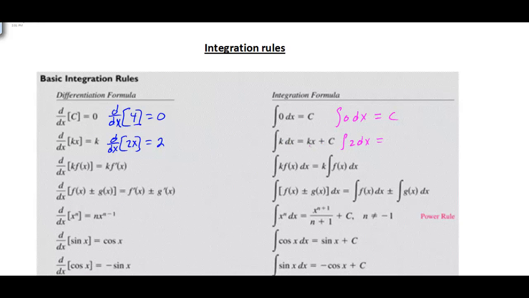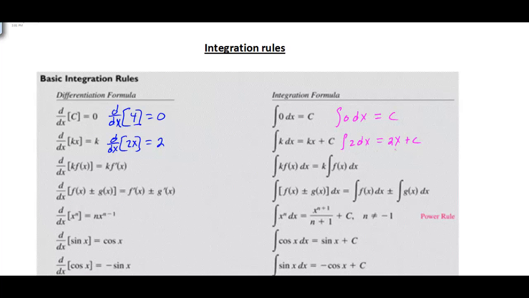We know there used to be a variable there, because when we took the derivative of 2x it was 2, so for the integral we would just multiply by a variable x, so we have 2x, and we have to remember there could be another constant here, so that would be 2x plus c.